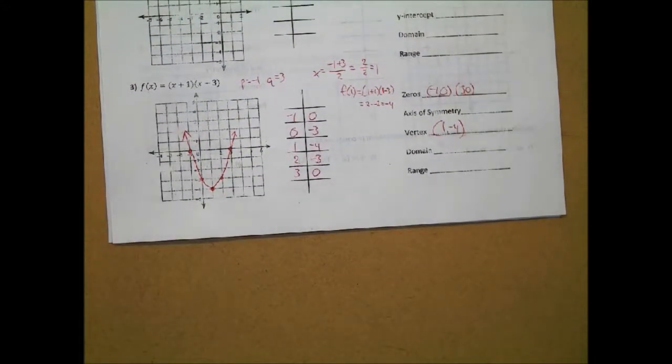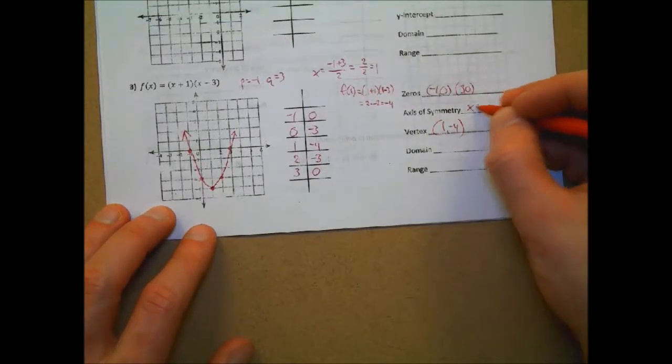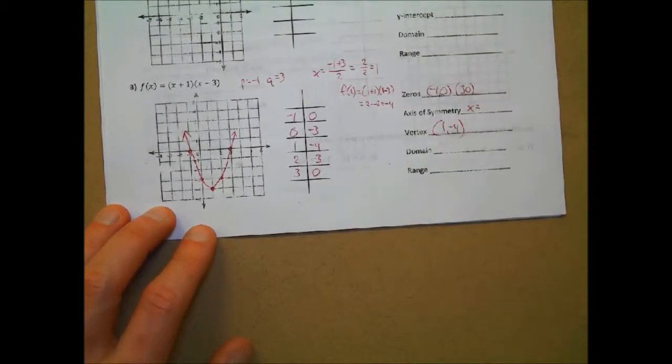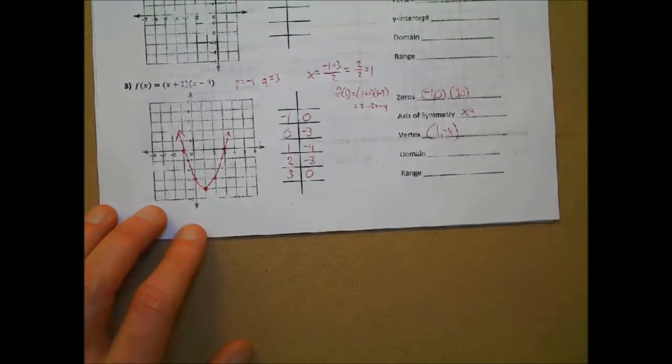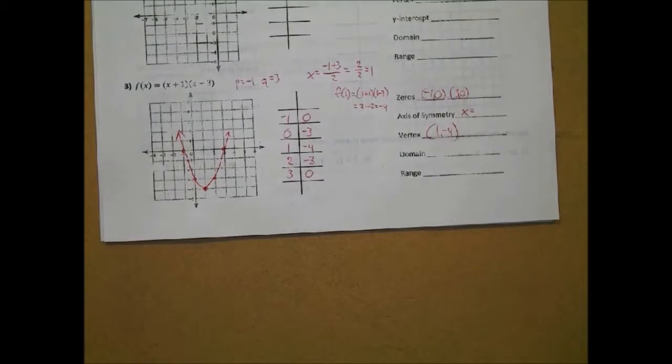What's the axis of symmetry here? Remember, it goes to the vertex. X equals what? It goes to the vertex, so it's x equals what? What is x equal to for our vertex?